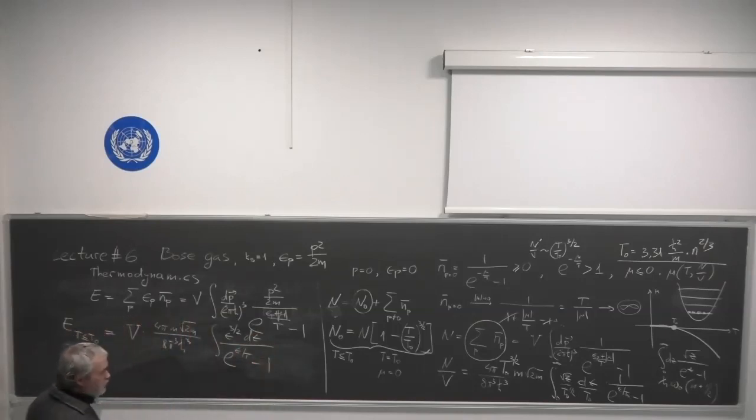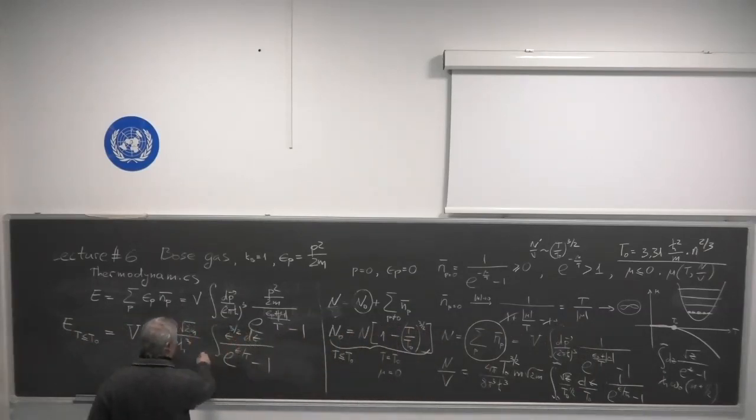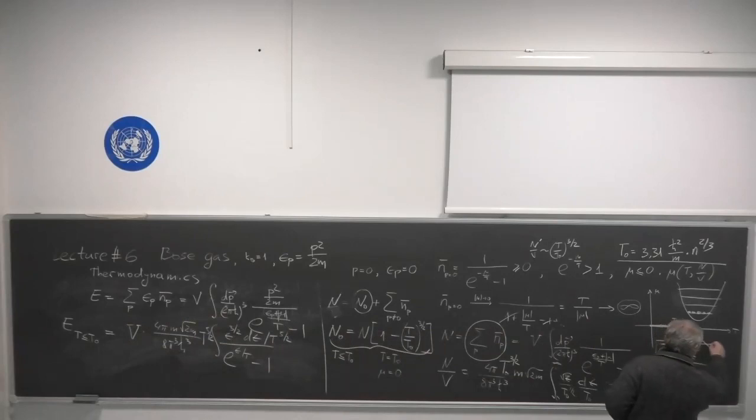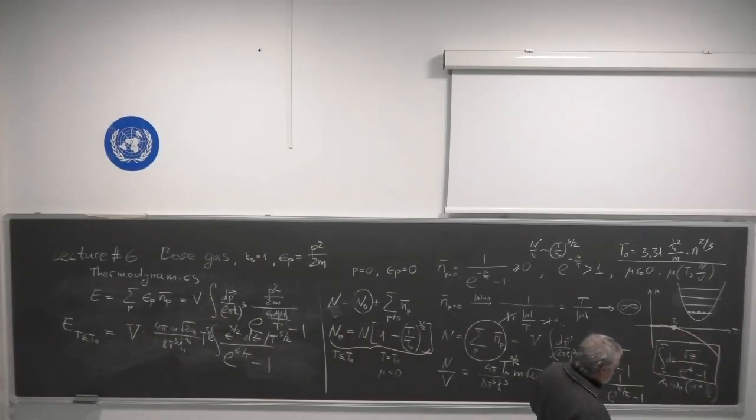Again, I do the same trick. I make the integral dimensionless. Therefore, I divide it by temperature to the power 5/2 and multiply it by temperature to the power 5/2. So I have another integral similar to this.